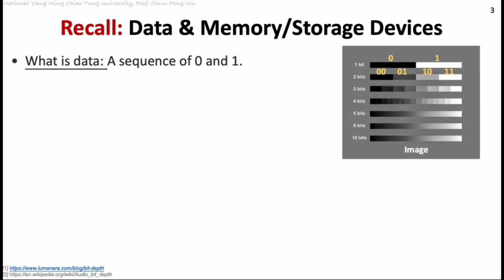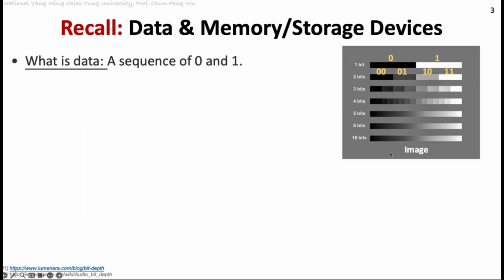For example, for an image, if we only have 0 and 1, then it is a black and white image. If it is a grayscale image, then probably there are 2 bits or 3 bits. If it is a 2-bit grayscale image, 1 means a white color, and 0 means the black color. For light gray and dark gray, we can use 10 and 01 to represent the image.